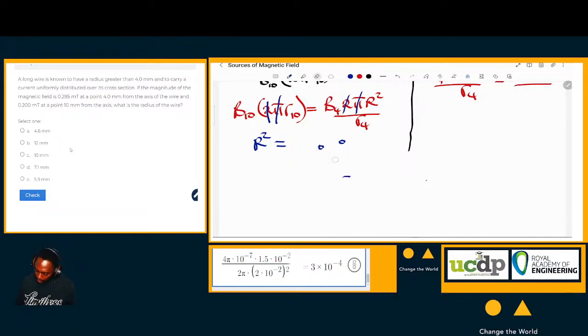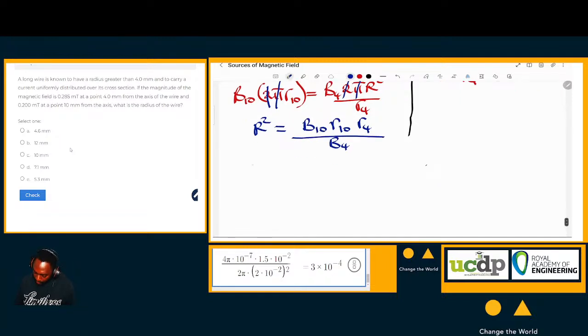Simplified, r squared is going to be B of 10 r of 10 r of 4 over, I had left out B of 4.